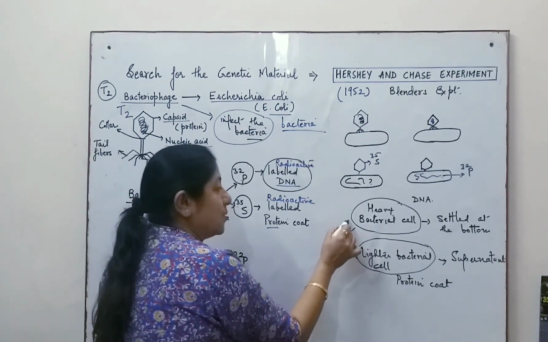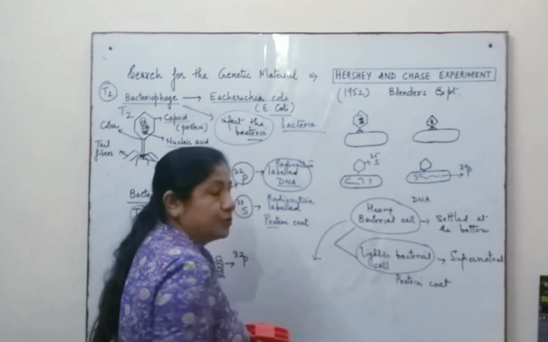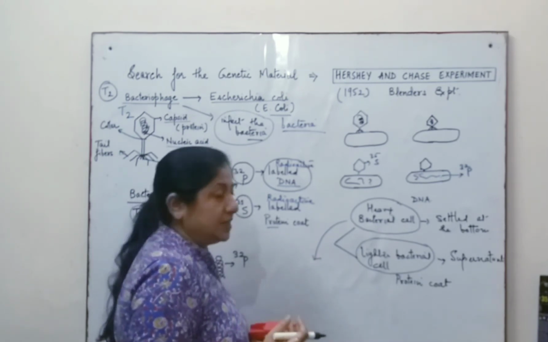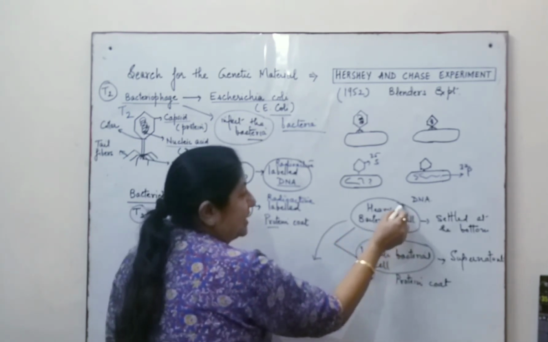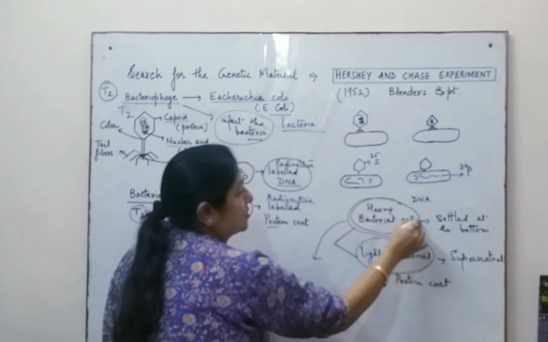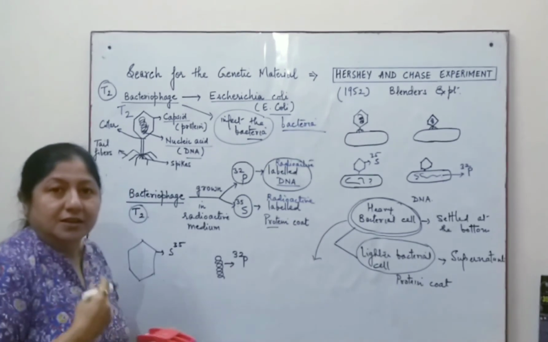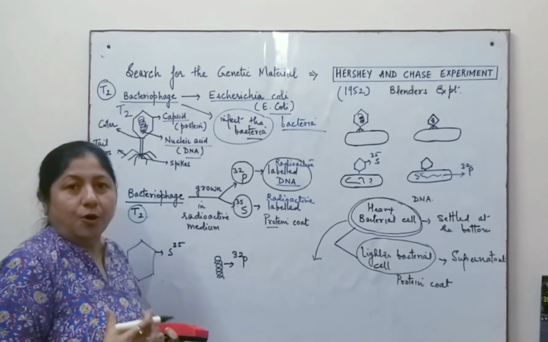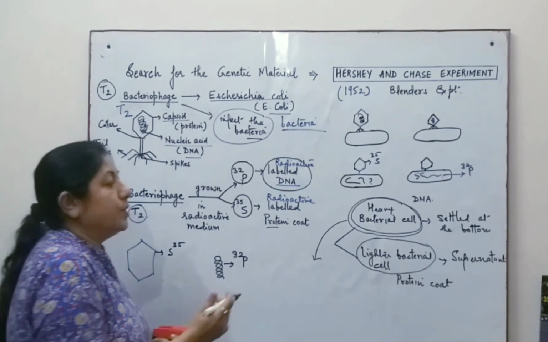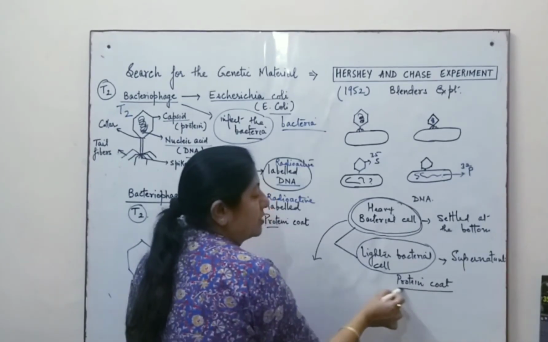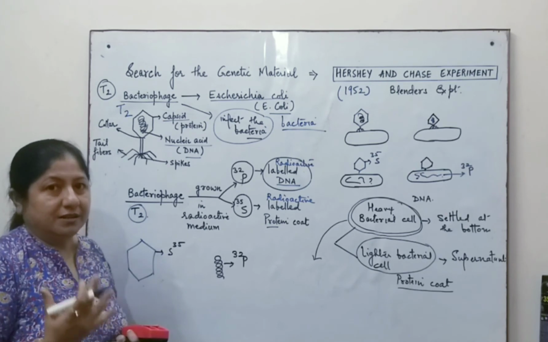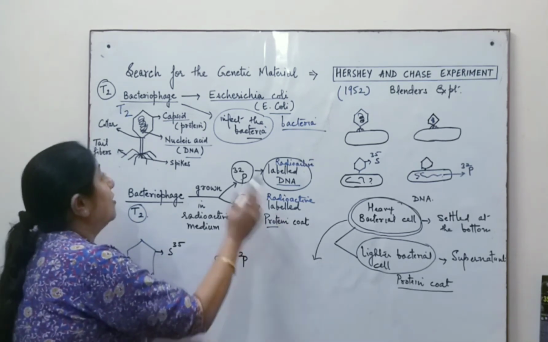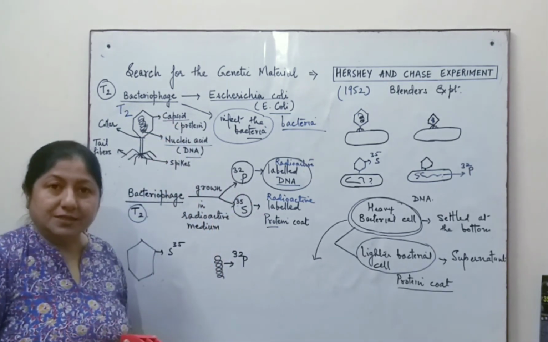Now, this was further used to infect bacteria, and it was found that the DNA caused a change in the genome of the E. coli, whereas the protein coat did not cause any change in the bacterial genome because it did not enter inside the bacterial cell.